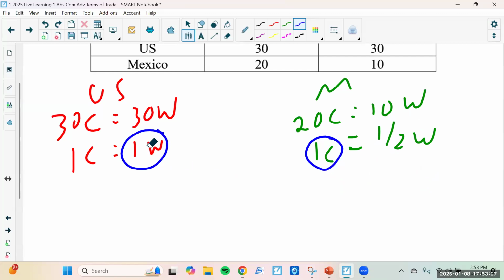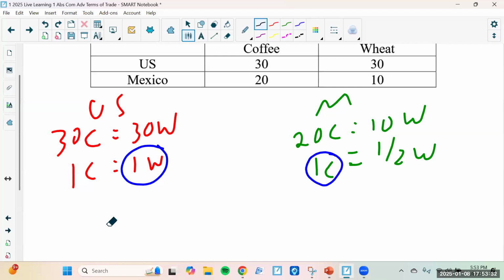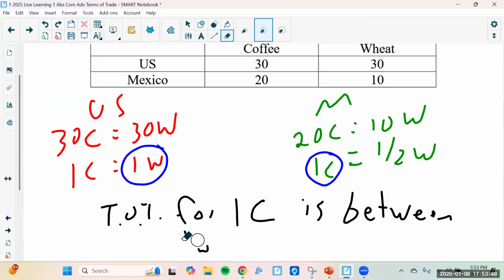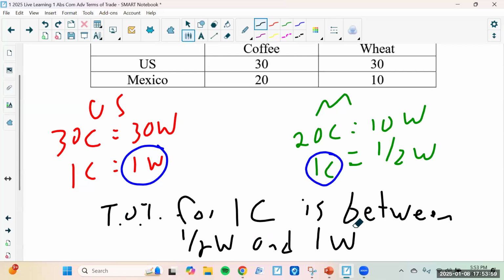They want to give away as little wheat as they can. So what we do is we find out the terms of trade. I'll do TOT for terms of trade. For one coffee, it's going to be somewhere between half of a wheat, which is the minimum Mexico would accept, and one wheat, which is the maximum the United States would give away.